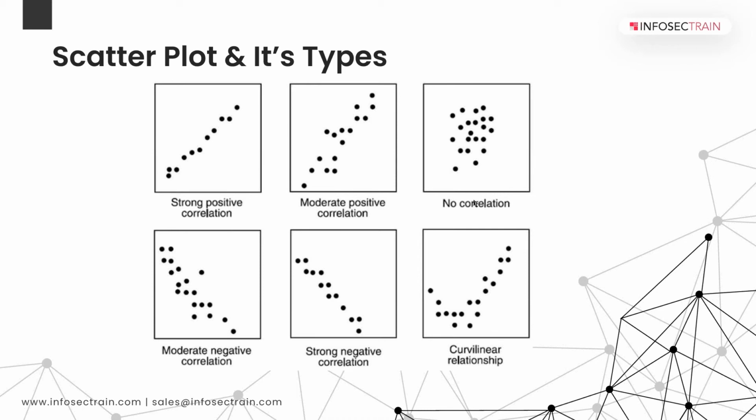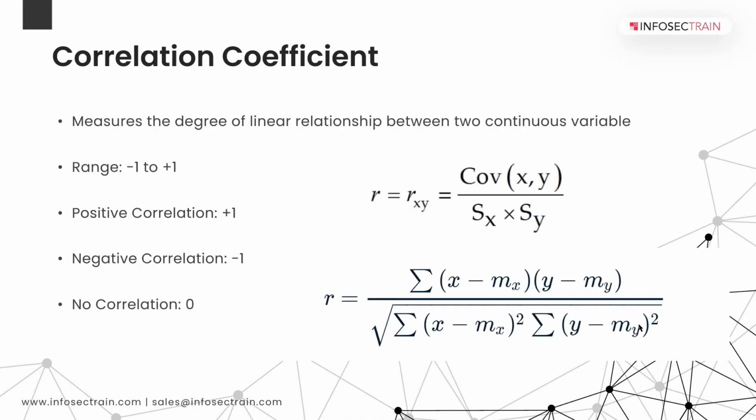Because we use correlation to find the linear relationship. Here we got a non-linear relationship, so there is no correlation, simply a relationship. That is the difference. Many times an interviewer may ask you why we use correlation.